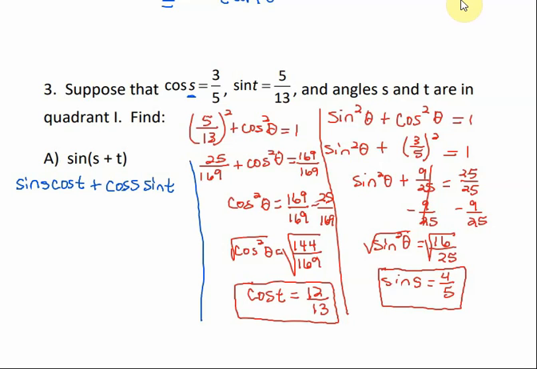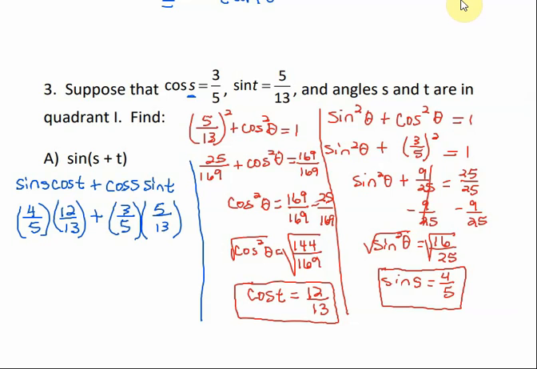All right, sine of s is 4/5, and then cosine of t is 12 over 13, plus the cosine of s, which is 3 over 5, times the sine of t, which is 5 over 13.